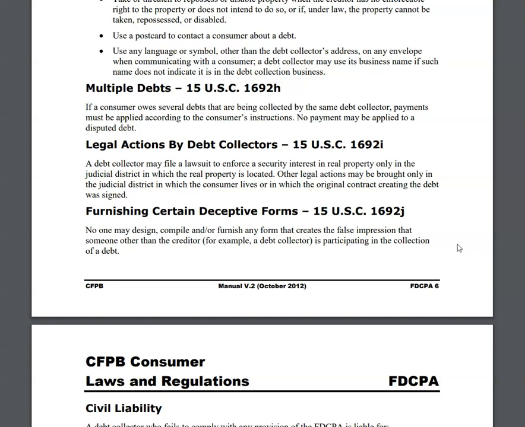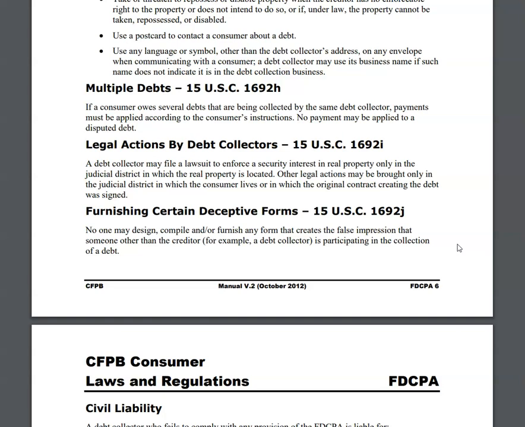Furnishing. So just to jump on this one real quick, because this is something that actually happened to me more than 25 years ago: if you have a debt collector, and especially now with this internet stuff that's going on, a debt collector sues you over a loan, and then they take you to court in another state or another jurisdiction.